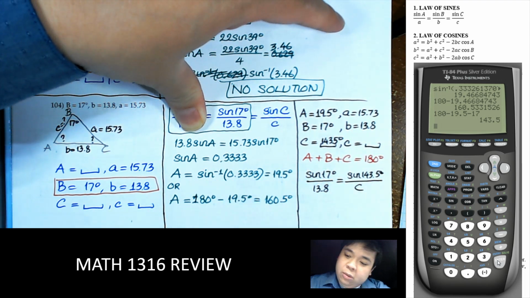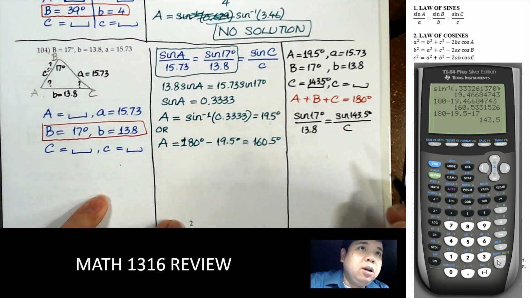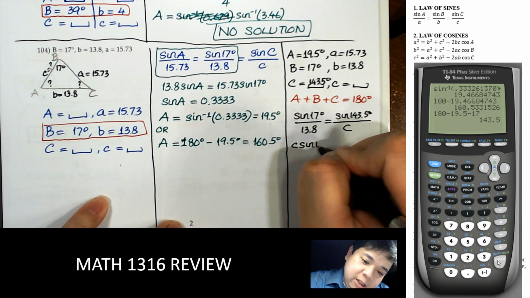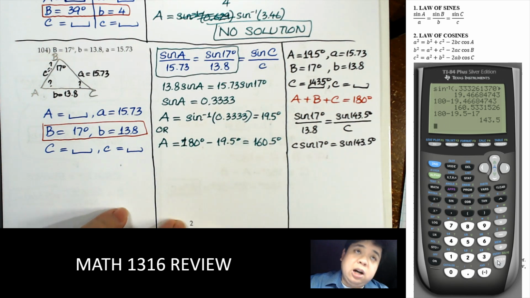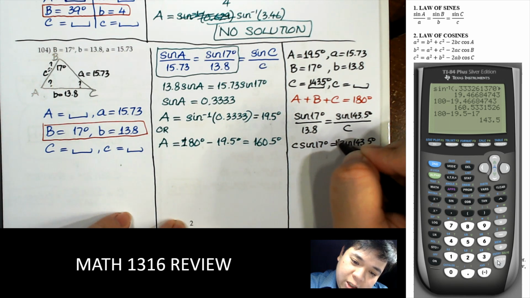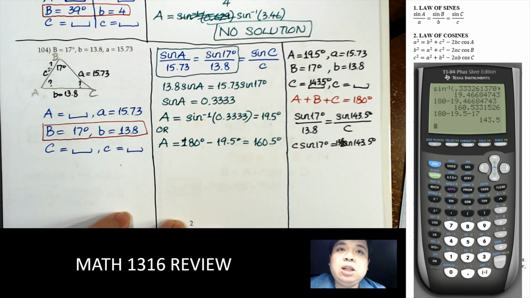we don't know c. Cross multiply. c sine 17 equal to 13.8 sine of 143.5. So for c, cross multiply. So 13.8 times sine of 143.5 divided by sine of 17 degrees.